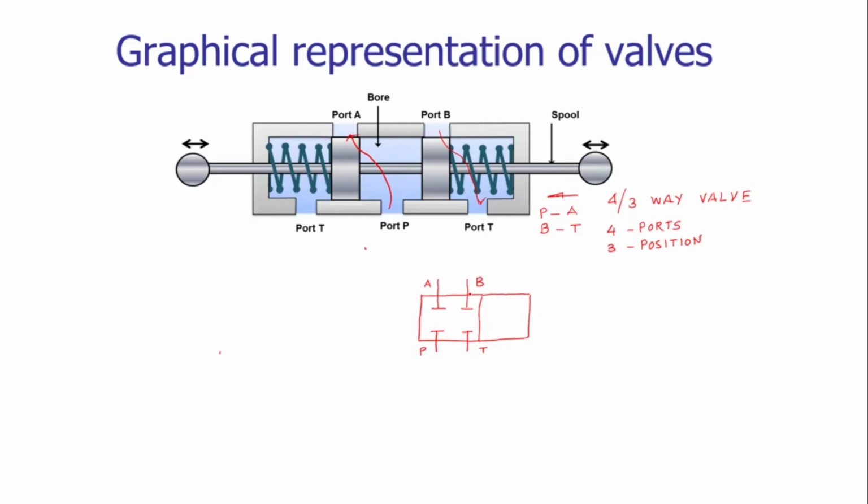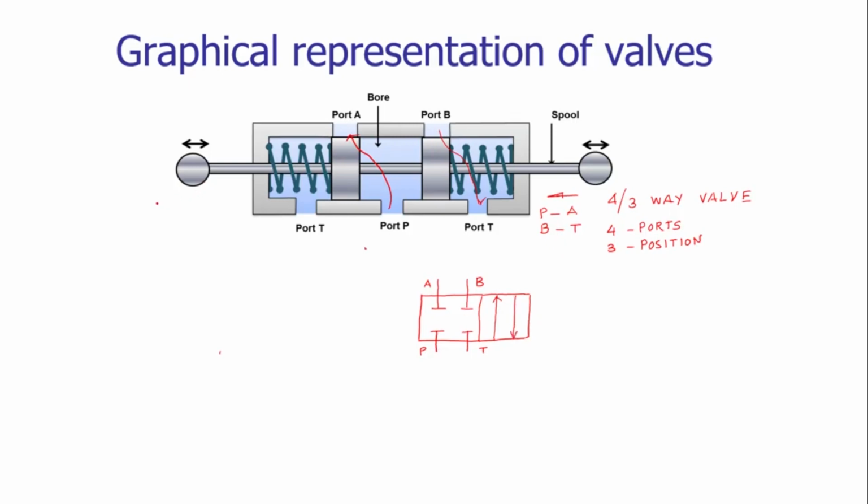So for the first position, I will just draw an arrow indicating that P is connected to A and B is connected to T.